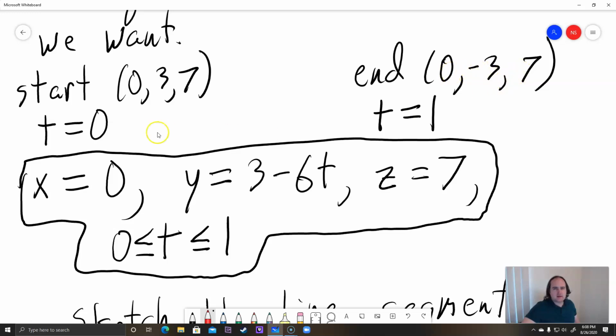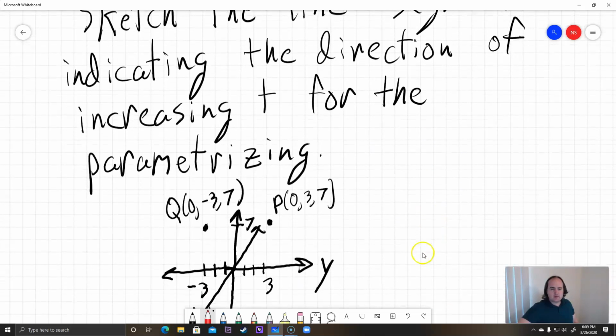So they want you to actually draw a line segment and draw an arrow from start to end. Okay, so you're going to be drawing an arrow going from your starting point to your ending point. Okay, so we need to draw our arrow starting at 0, 3, 7, and then it needs to be pointing towards the end, which is 0, negative 3, 7.